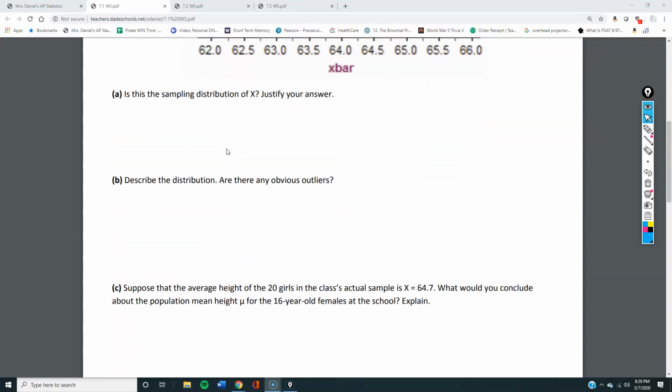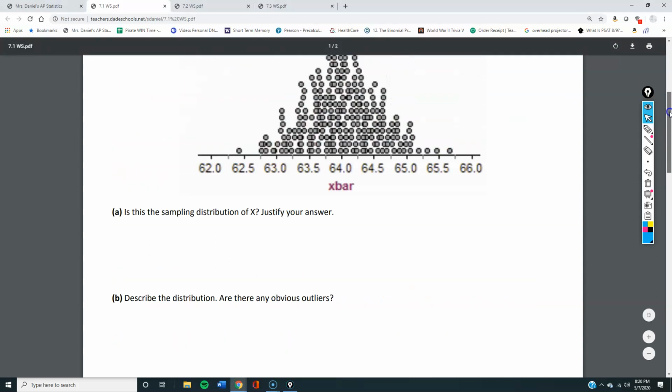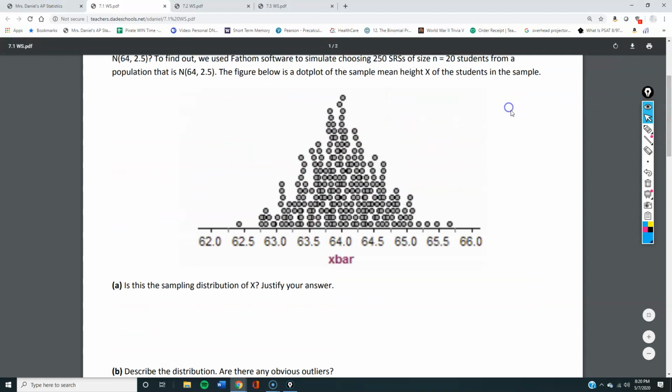B, describe the distribution. So when I describe this distribution, I'm going to use SOCV, right? Sorry, this is going to be very verbal intensive. I'm trying to save myself a little bit of time and energy. So SOCV. S, shape. The shape would be symmetric. When you look at this, it is symmetric. Outliers: there doesn't seem to be any outliers.